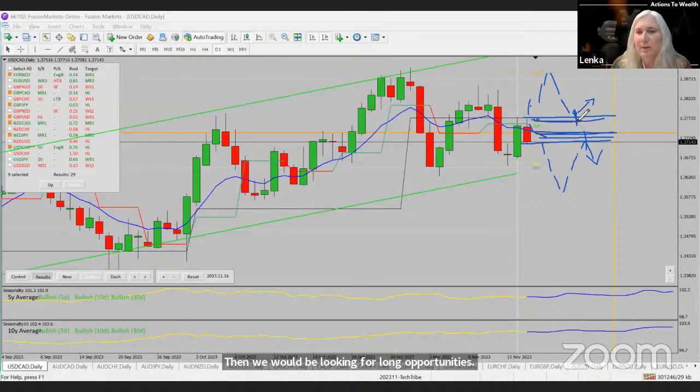We don't always get the bounce though. So sometimes the price will just go for quite some time. But it's always good to have a retest of that level of support or resistance for a good risk to reward ratio.